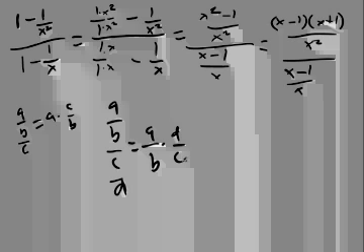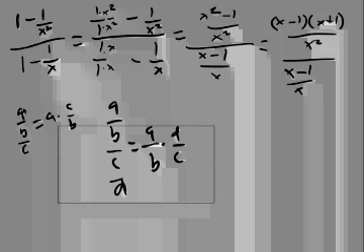So this here is equivalent to being rewritten in the following fashion: x minus 1 times x plus 1 divided by x squared times x over x minus 1.